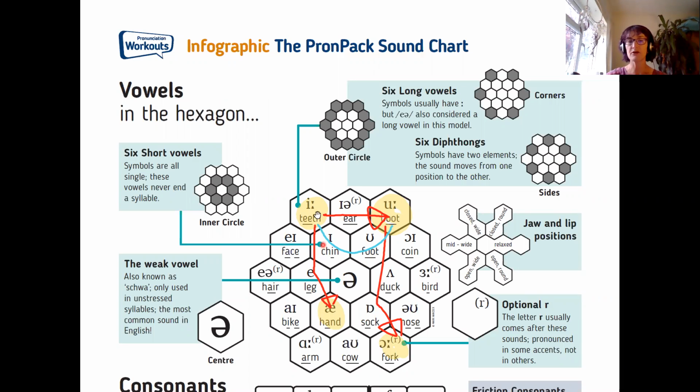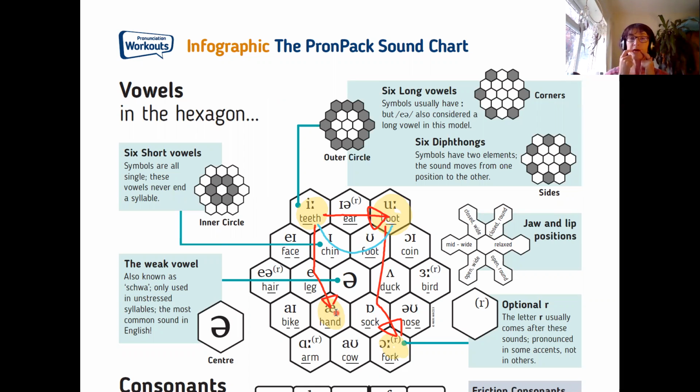Now for these down arrows, something else is happening. I'm going to move from here to here. E, a, e, a. So this time you should see that my jaw is dropping. E, a, e, a.